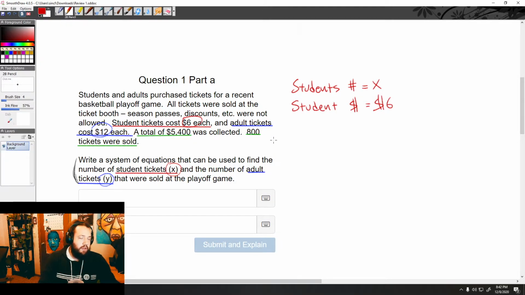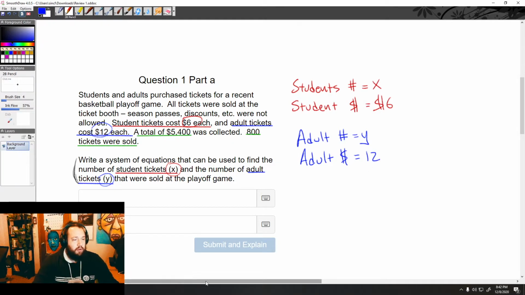Then the things we know about our adults: adult numbers is going to be my Y, and my adult money is going to be 12.